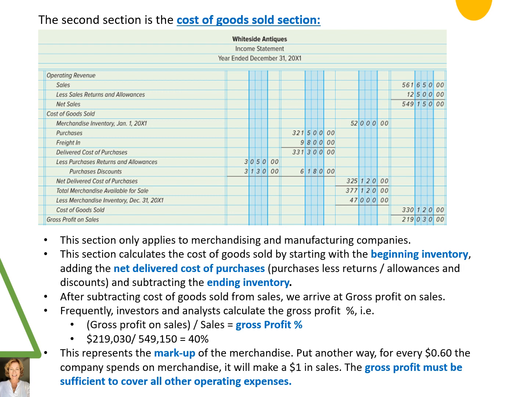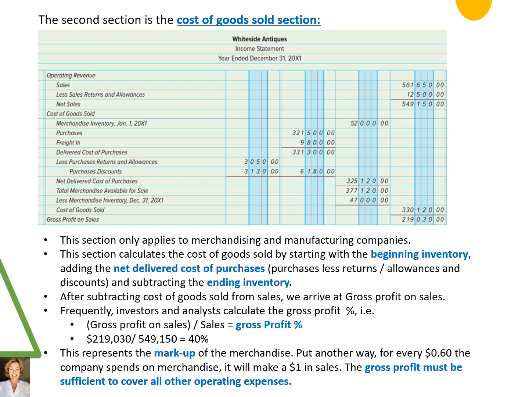This section calculates the cost of goods sold by starting with the beginning inventory, adding the net delivered cost of purchases, which are the purchases less returns and allowances and discounts, and subtracting the ending inventory. The ending inventory, by the way, is also shown on the asset side of the balance sheet.